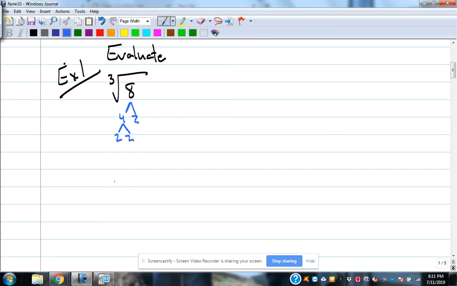So there are three 2's. That would be the cube root of 2 to the third power, which is 2 to the 3 over 3, which is 2 to the first power. So that equals 2.